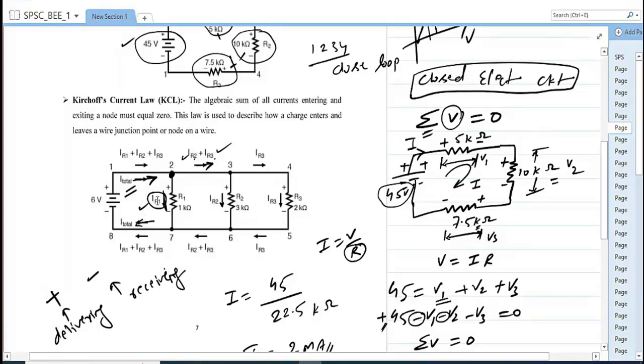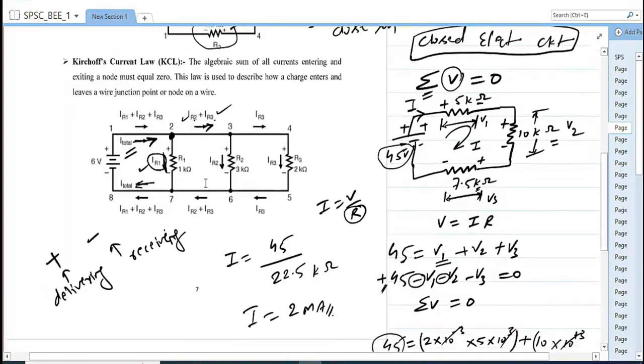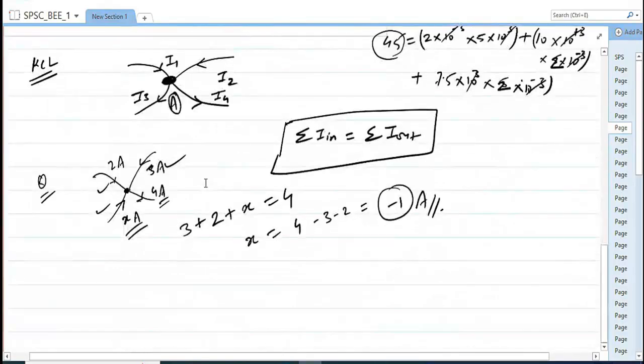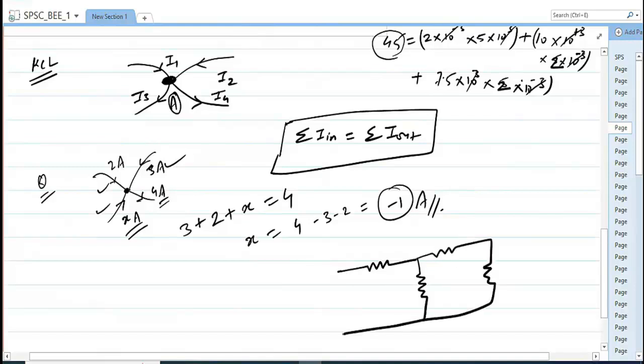One more thing: until the circuit divides into another branch, let's say this is a branch, something like this type of structure. Some current I1 is flowing here, some current I2 is flowing here, some current I3 is flowing here.